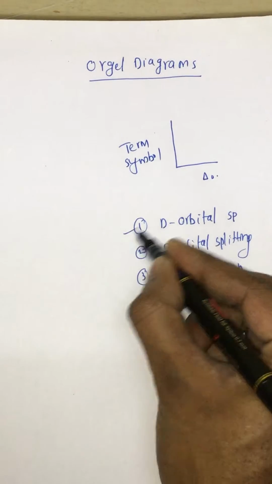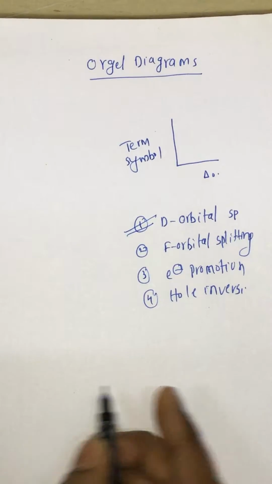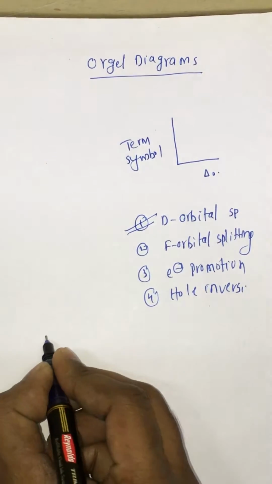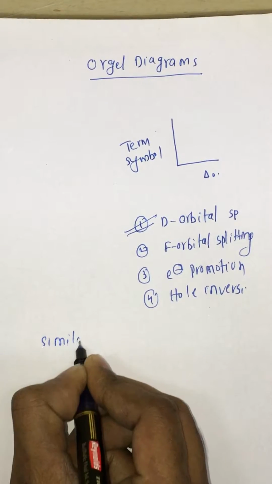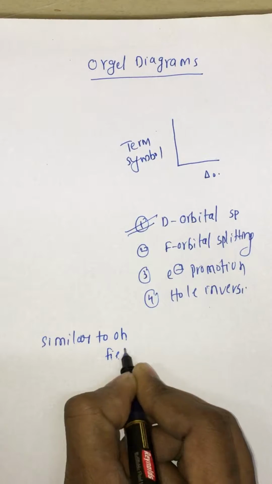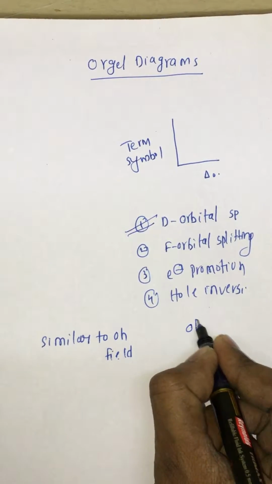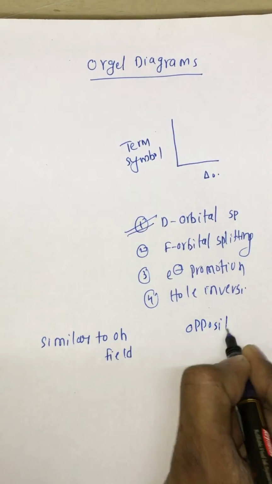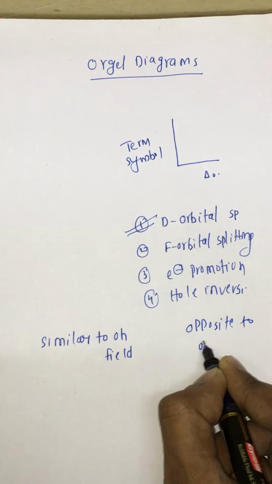First we'll go for d orbital splitting. There are two kinds of d orbital splitting: similar to octahedral field, and opposite to octahedral field.